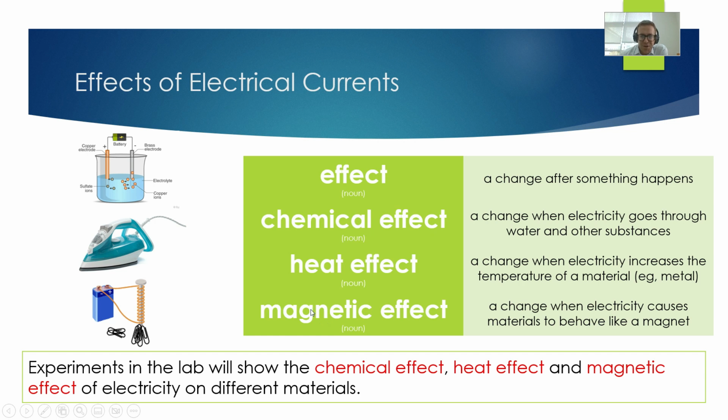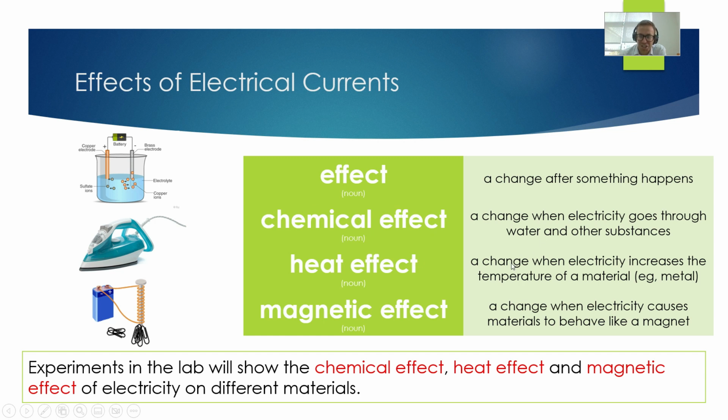So we have three types of effects: chemical effect, heat effect, magnetic effect. Chemical effect is a change when the electricity goes through water and other liquids, other substances, and there is a change.